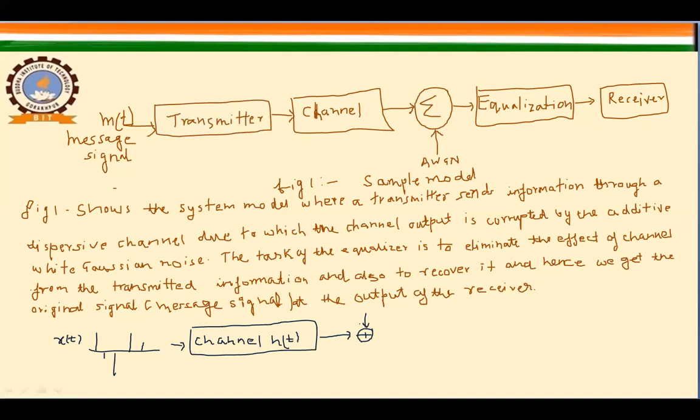After passing through the channel, we also add the noise, and the output received signal looks like this. This is the received RF signal.